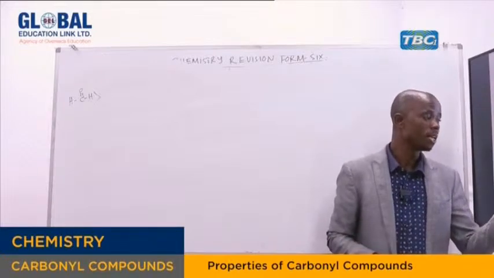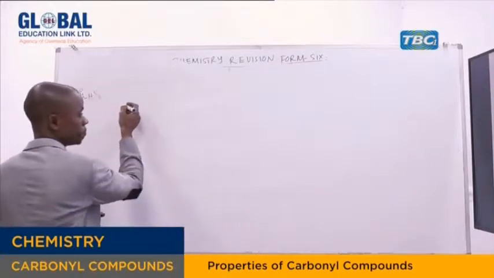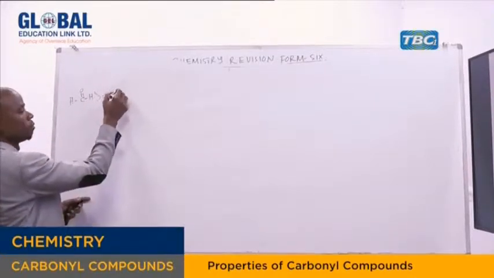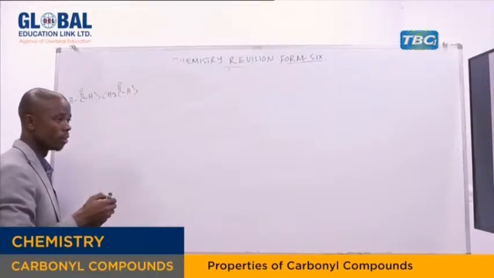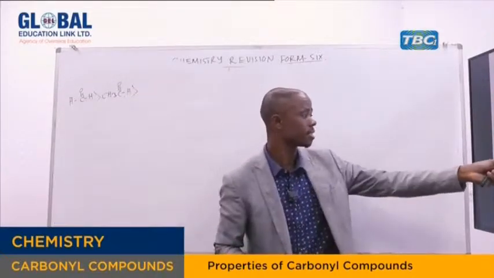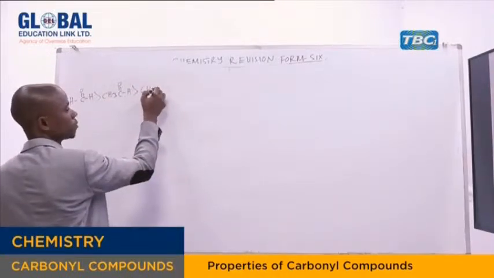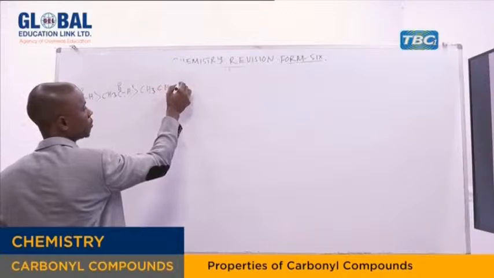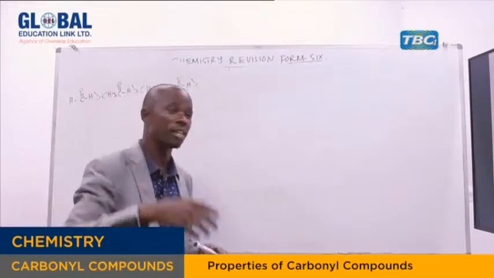So this one will be more reactive as compared to propanal. The last propanal is this one. So we write it as it is. We have finished with the aldehydes.